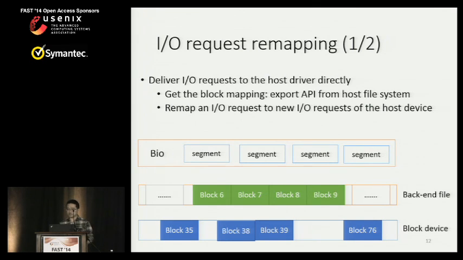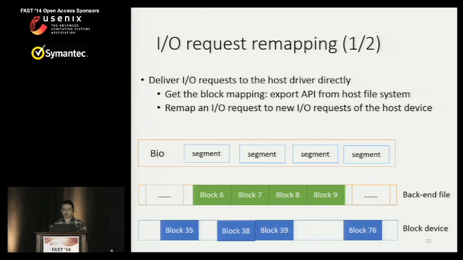From the graph we can see that in Linux, each I/O request consists of several segments which are contiguous on the device but are not necessarily contiguous in the buffer. The virtualized driver should first remap the segment of each I/O request with the help of the mapping interface.